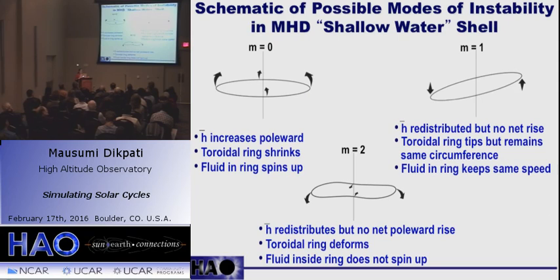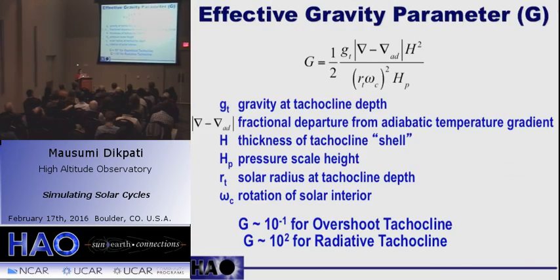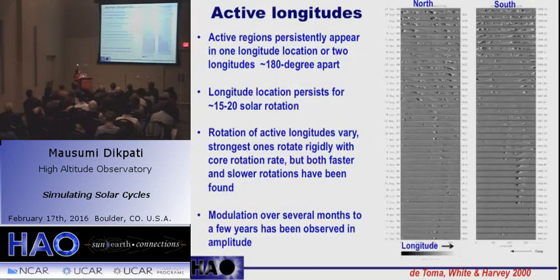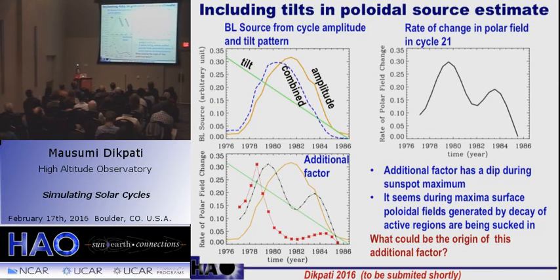Apparently randomly some active regions appear with the wrong tilt and contribute wrongly, but that's why I showed this: there is a systematic tilt pattern, a statistical effect. These systematic tilt patterns and the amplitude of active regions combined do not produce the polar field changes. You need another systematic factor.